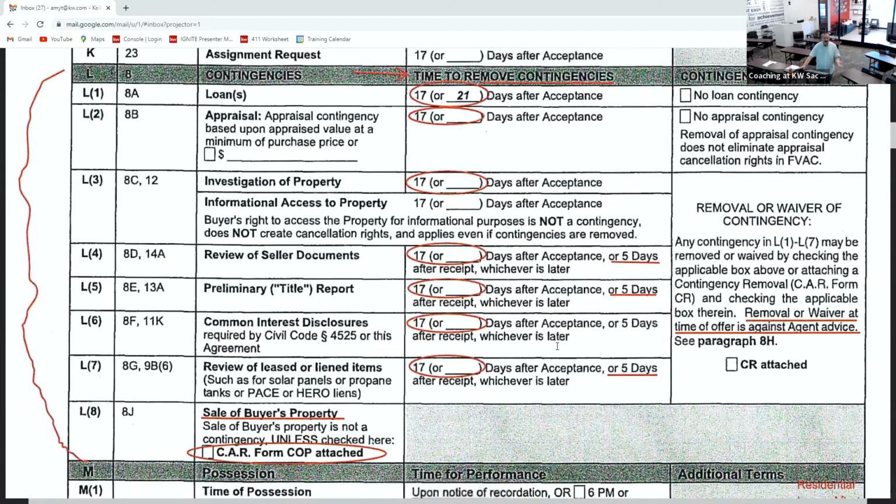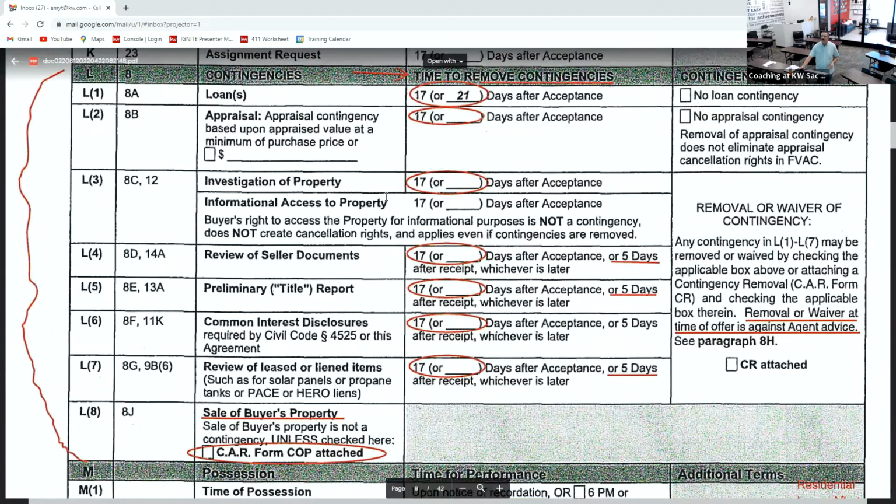That is your client doing inspections they want to do, reviewing those inspections, reviewing the TDS and the SPQ, the transfer disclosure statement and the supplemental property questionnaire, and any other third-party disclosures, reviewing the natural hazard disclosure report, the prelim, the HOA documents, and coming out and saying, yes, I want to go forward, or no, I want to cancel. That's the investigation of the property.